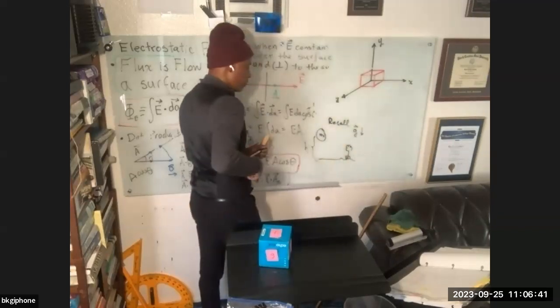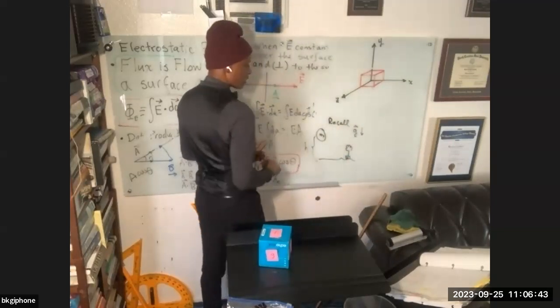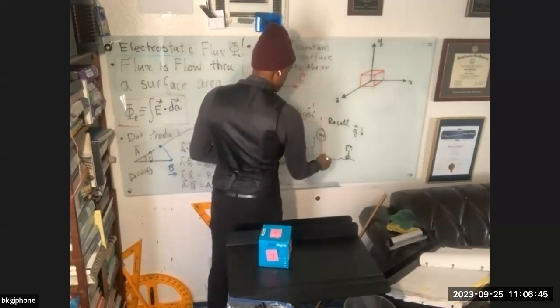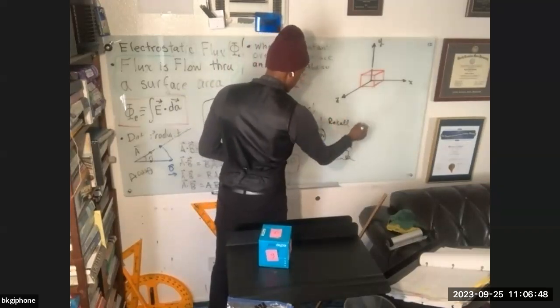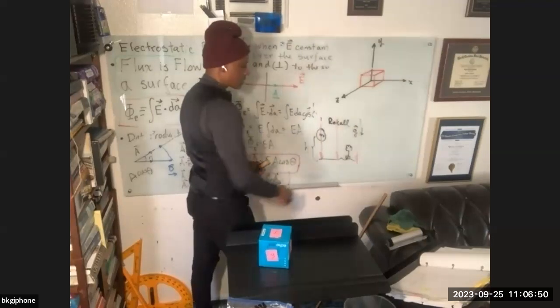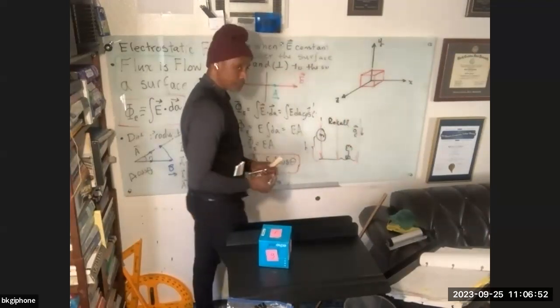Now we know that what that means is g is permeating the whole space everywhere, but we don't want to have to draw that every time. So we just draw g up in the corner.